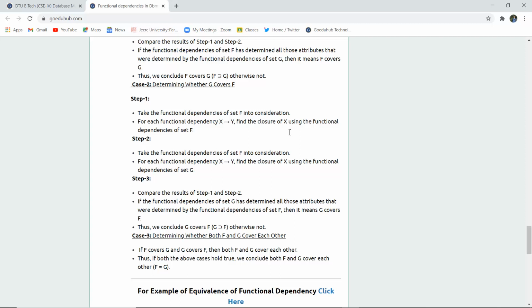You have to compare both the results, and if you find that G is the larger set which has F as a subset, that means G covers F. And when both the covers are equal, that means F covers G, and similarly G covers F. That means both the set covers are equal and both the elements in the set are equal. Thus we can say that case 3 holds true, and we conclude that both F and G cover each other, which means F is equal to G.